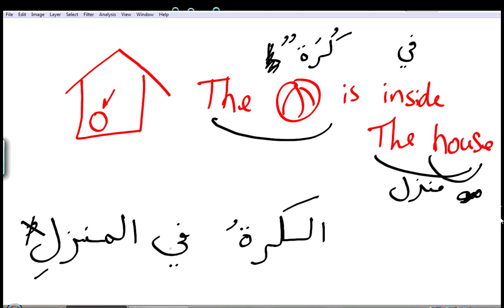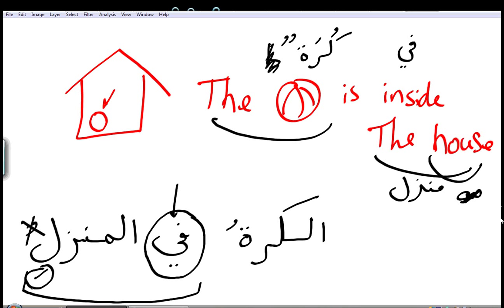And this is another rule. I'm not going to discuss that, but in these kinds of sentences where you're describing a location of something, any word that comes after fi, and there are several words like fi, all the words that come after them will have kasra, and this is one of the cases where it's kasra.